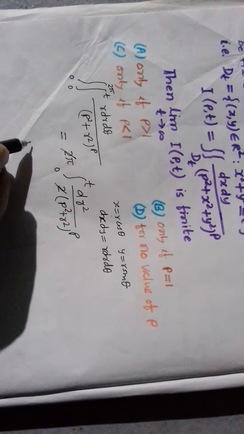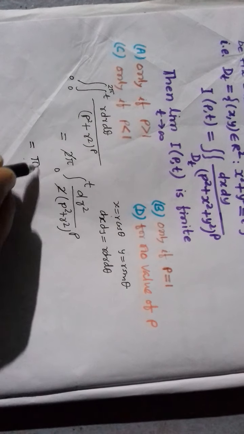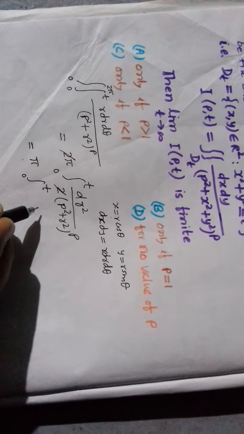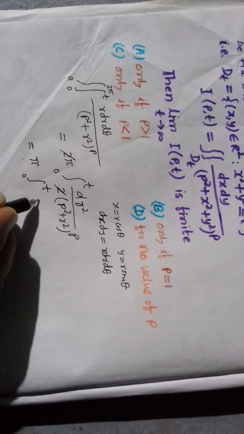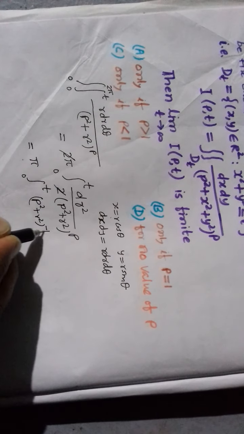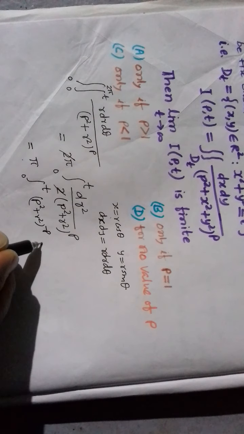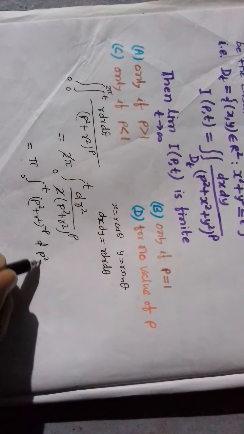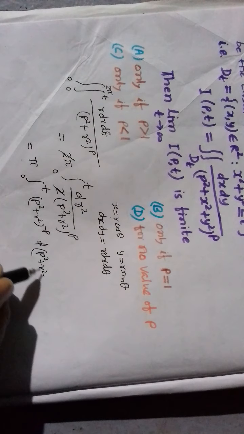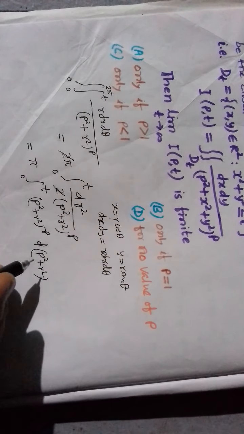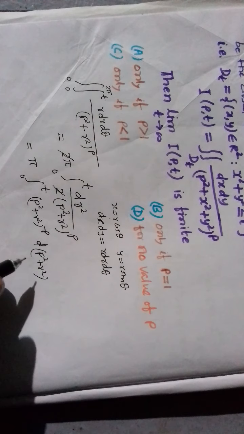Now these two cancel, pi, 0 to t, and here this can be written as (p square plus r square) to the power minus p, and in place of d(r square) we can write d(p square plus r square), because I am using integration by substitution.